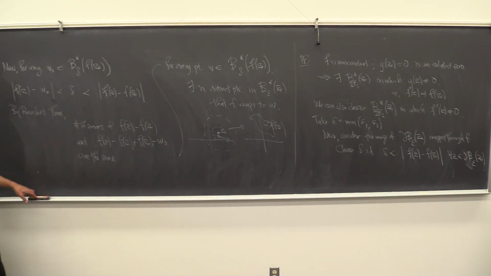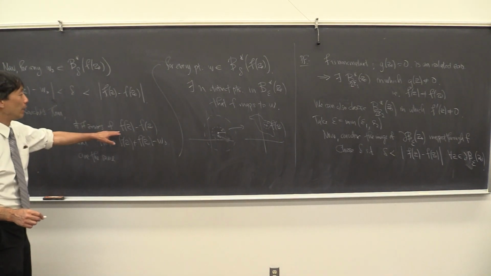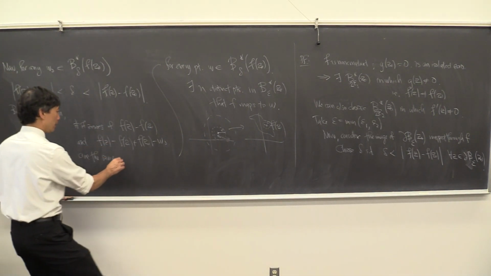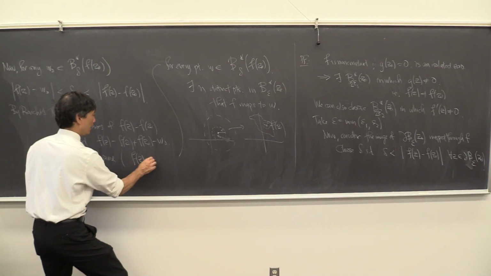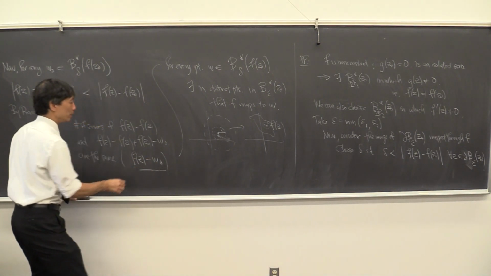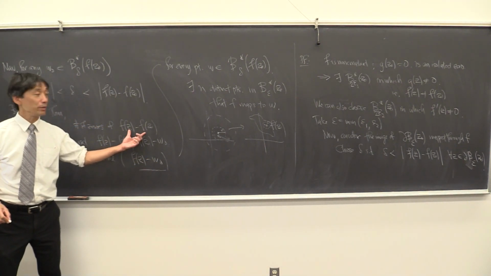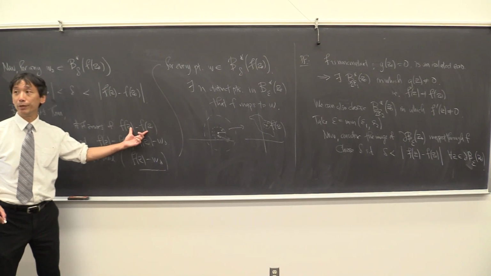So that tells you that f of z minus w naught and f of z minus f of z naught have the same number of zeros.